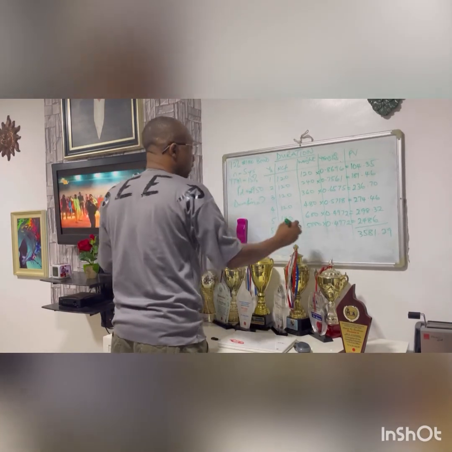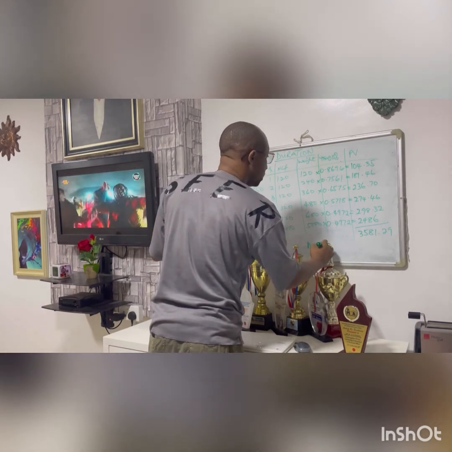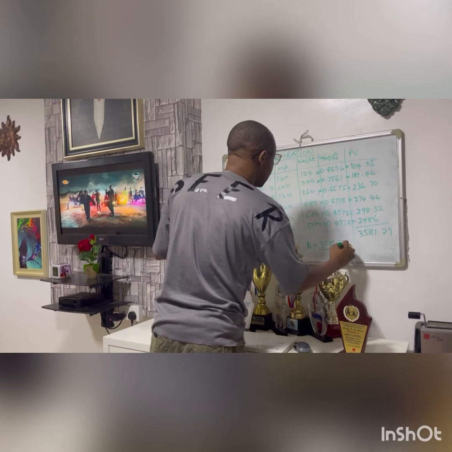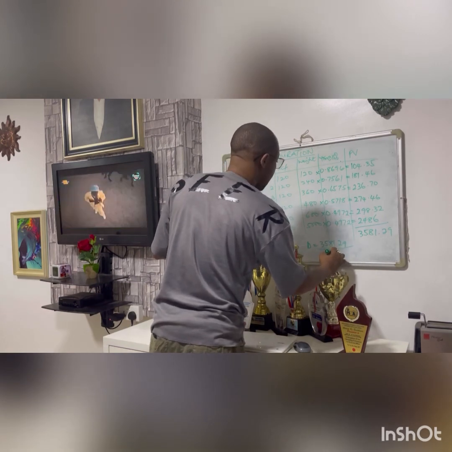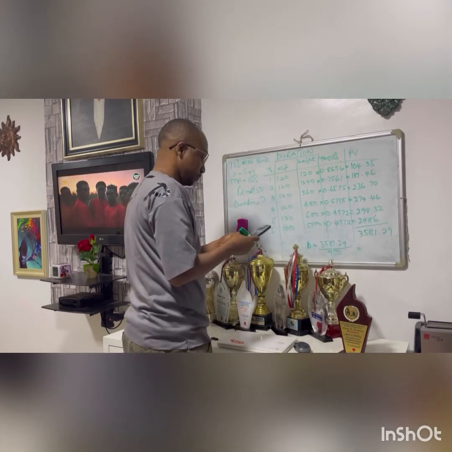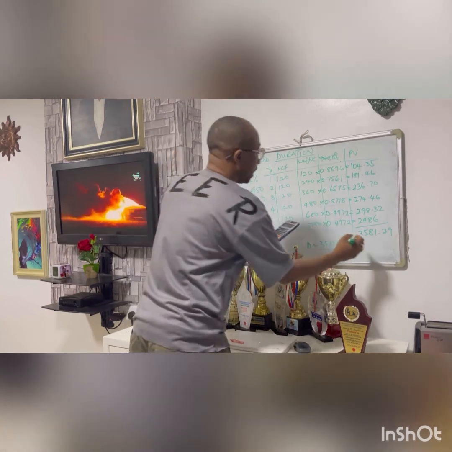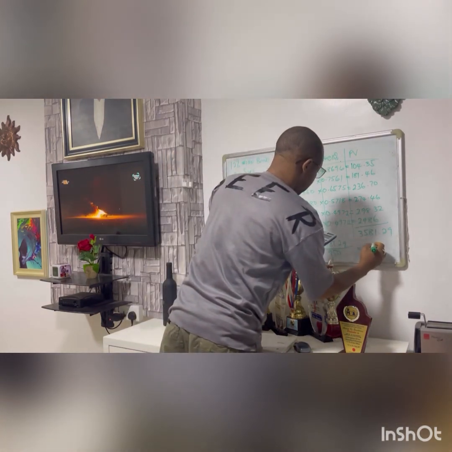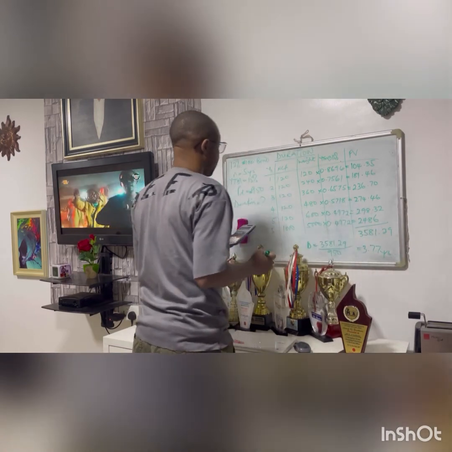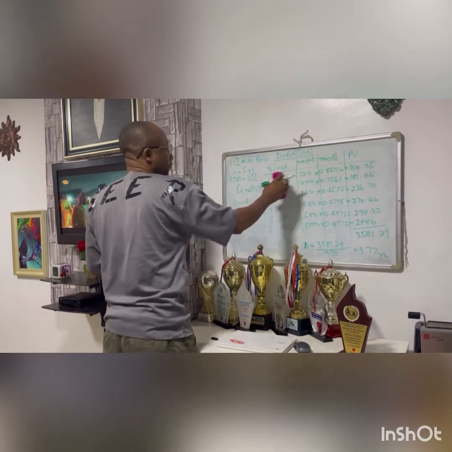So therefore, my duration then becomes 3,581.29 divided by 950. That gives me 3.77 years. That's approximately 4 years.